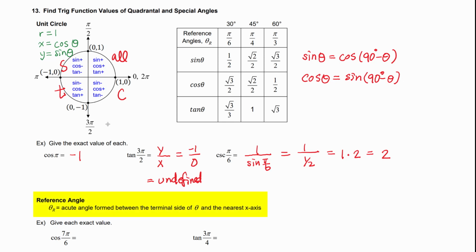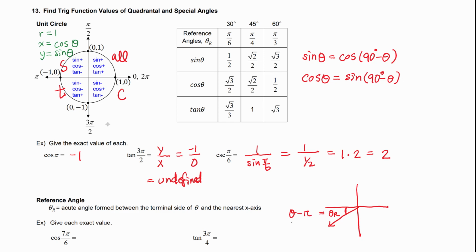Reference angle. The reference angle is theta r, which is equal to the acute angle formed between the terminal side of theta and the nearest x-axis. So using reference angle, let's go ahead and find the cosine of 7 pi over 6. Okay, so 7 pi over 6 is 210 degrees. The acute angle formed by the terminal side of angle theta and the nearest x-axis is right here. And the reference angle in the third quadrant can be found by theta minus pi.